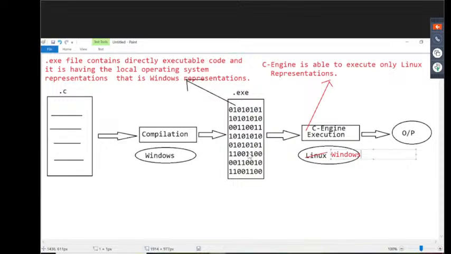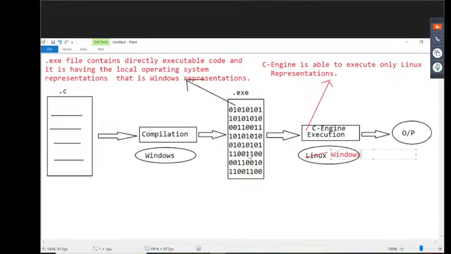Yes, sir. All of you are getting my point or not? Come again. What is the point I said to you? Previously, we took the Linux operating system for execution. The C engine is installed on top of the Linux operating system. The C engine can understand only Linux representations. But we compiled the C program on the Windows operating system, so we are getting an .exe file.